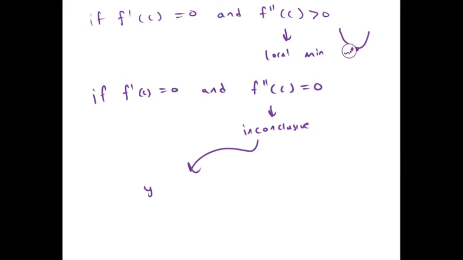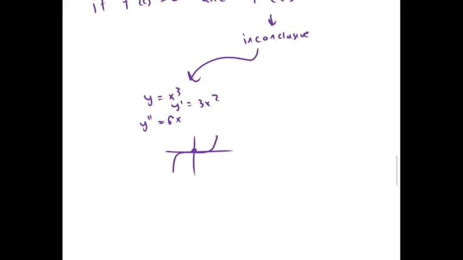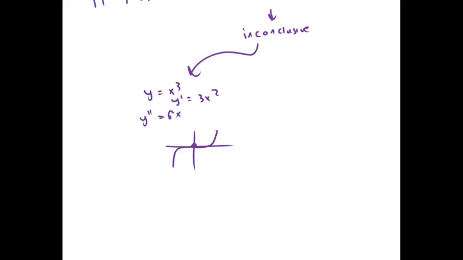An example is y equals x to the third, with y double prime equaling 6x. Y prime equals 3x squared, so we have a 0 for y prime, and we also have a 0 for y double prime, and the function looks something like that. So we have neither a max nor a min at 0.